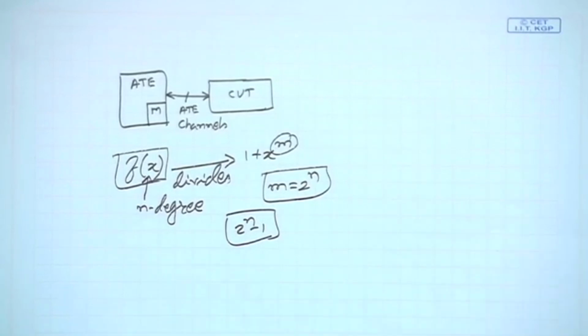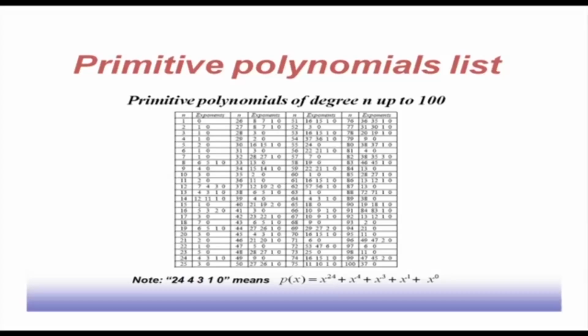So, you start that LFSR with any non-zero pattern, and it will generate all the 2 to the power n minus 1 patterns, and only then is it going to repeat itself. That way these polynomials are known as primitive polynomials. If an LFSR has this property, we can use it for test pattern generation, because it will generate a large variety of patterns. It is not going to repeat in a shorter cycle.